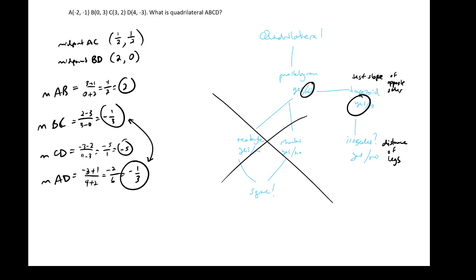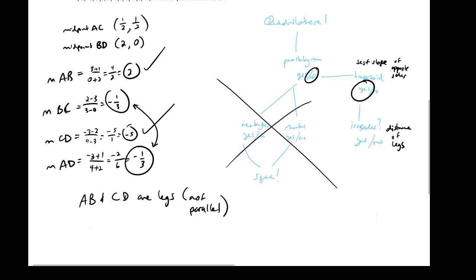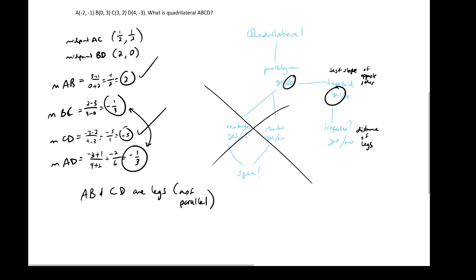How do I know what my legs are? Well, the legs are the non-bases. The bases are the ones that are parallel, right? So A, B, and C, D are legs, because they're not parallel. So we're going to test and see what's the distance of AB and CD, okay?